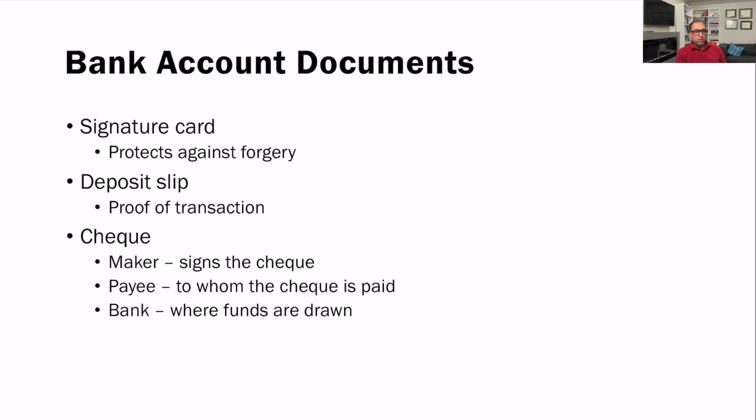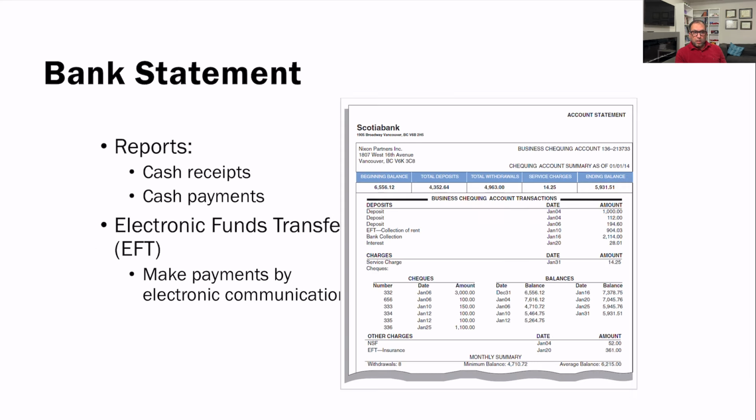These are the makers, the ones writing the check. The second party is the payee. The maker can be the payee if the check is drawn so that you get the cash yourself, but the payee can also be a third party to whom the payment is required. And the third stakeholder in the check is the bank itself.